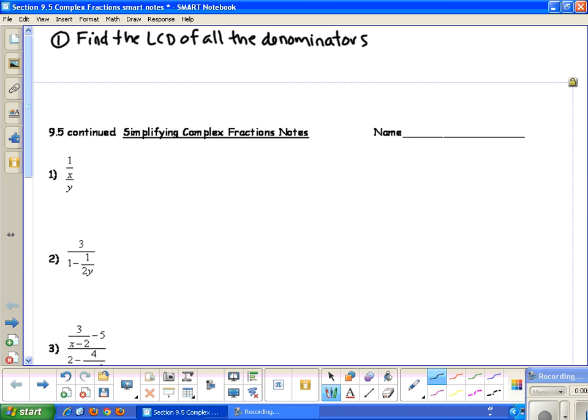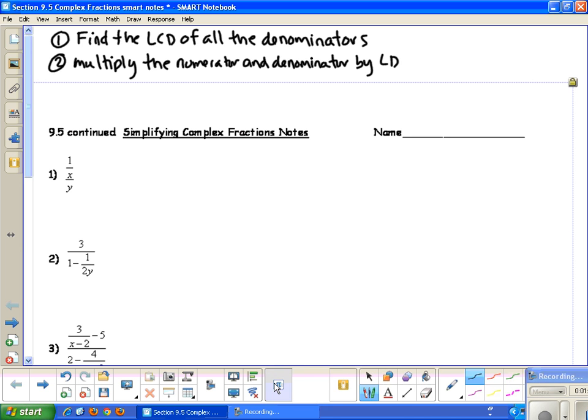After you do that, the second step is going to be multiply the numerator and denominator by the least common denominator. Oops. So by the least common denominator. And then simplify.